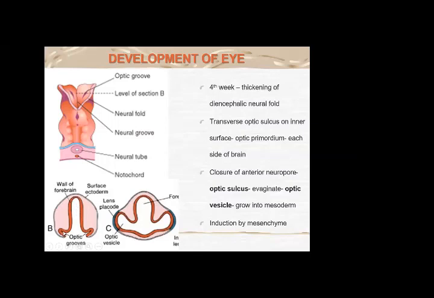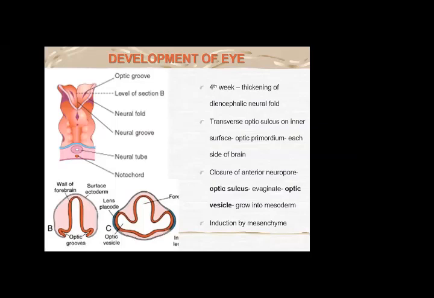this sulcus evaginates. This sulcus evaginates like this. To begin with, it was just a groove, but then this groove evaginated, protruded out. Just to show you what I mean. So this sulcus evaginates.